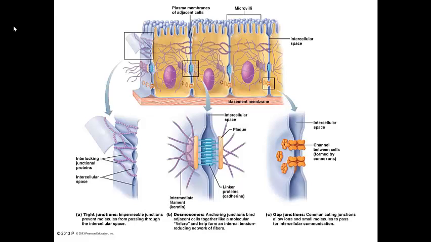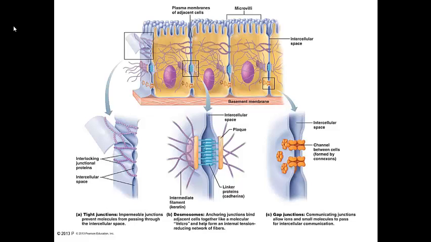Some of that's caused by the nervous system, but some of it is caused by communication from one cell to the next, passing the chemical change along from one cell to the next. Gap junctions are going to help that sort of communication happen.